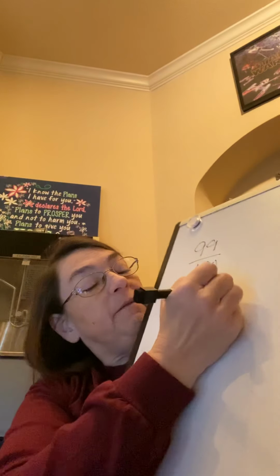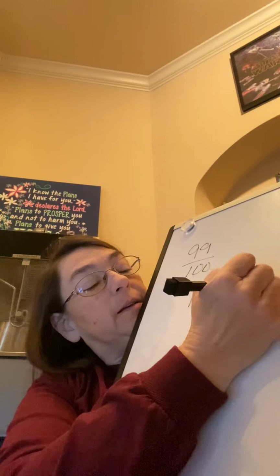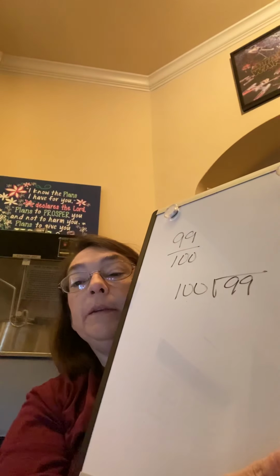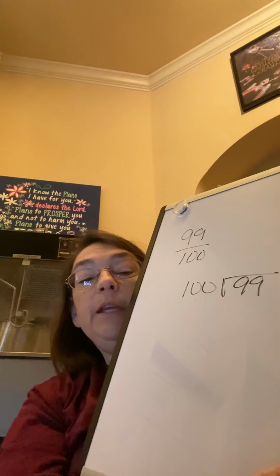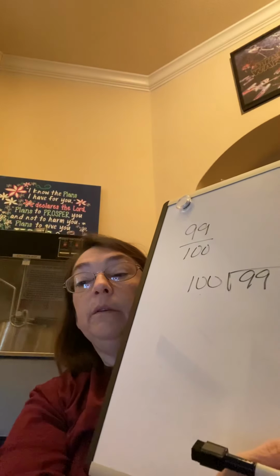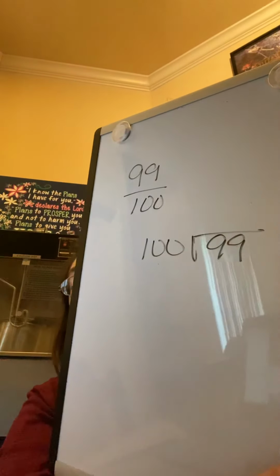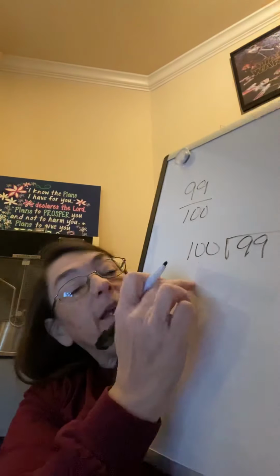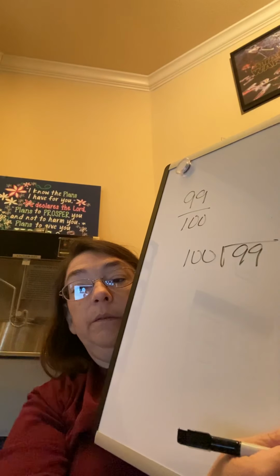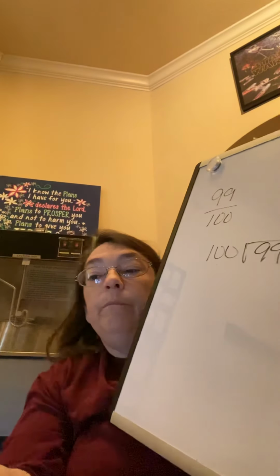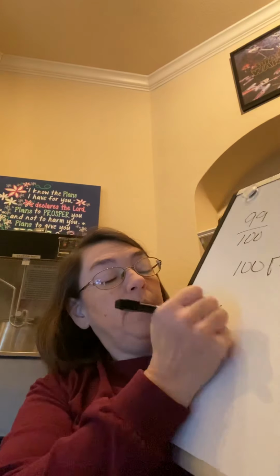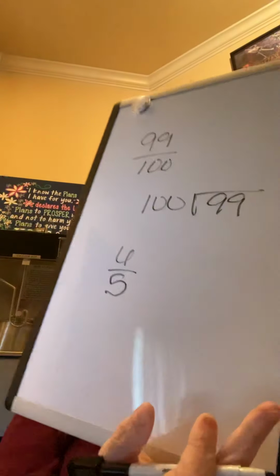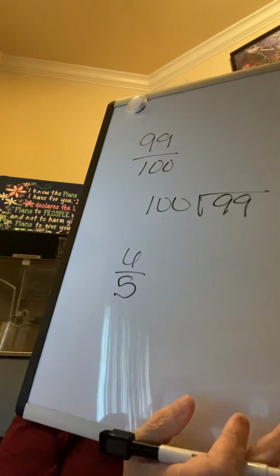No. If I divide it like this, can I get a 1? No. So, is this greater than 1? No, because I can't get a 1. All right, let's look at the second one.